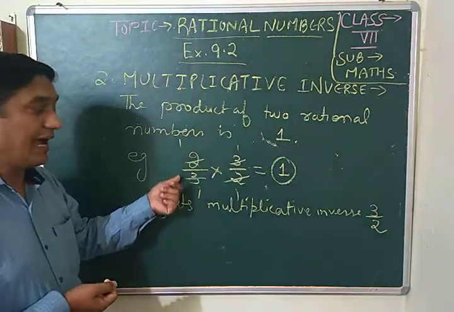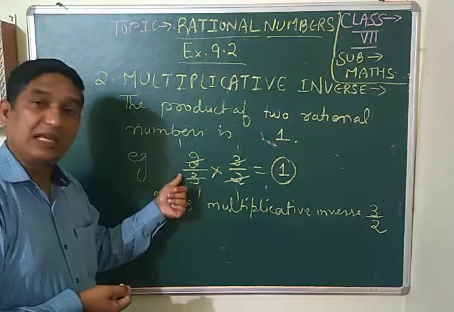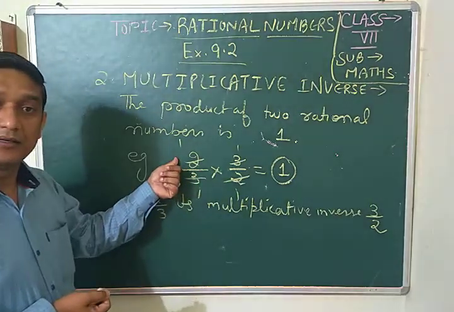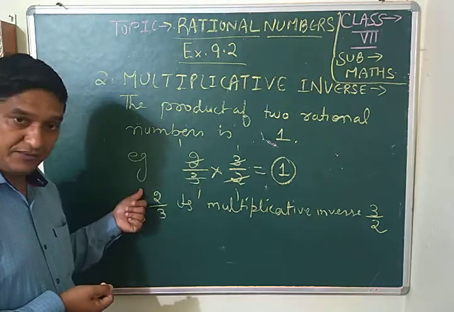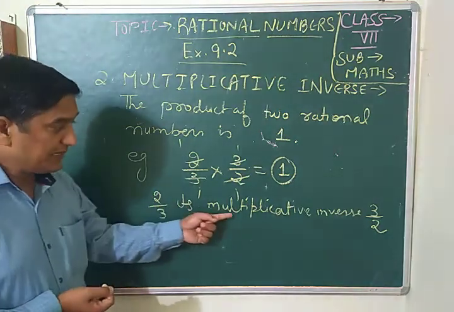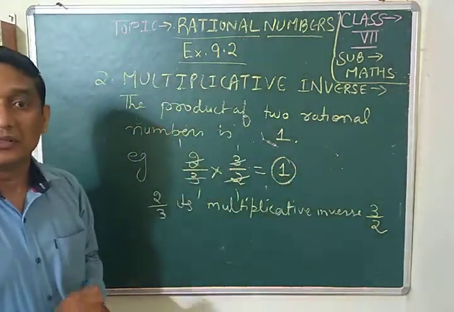The multiplicative inverse of any rational number is the reciprocal of that same number. Understood, children? 2 by 3 is one rational number, and its multiplicative inverse is 3 upon 2.